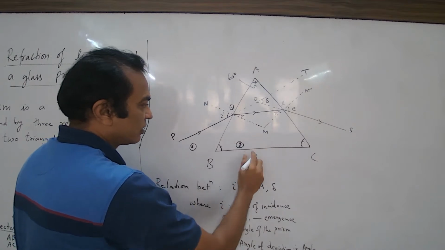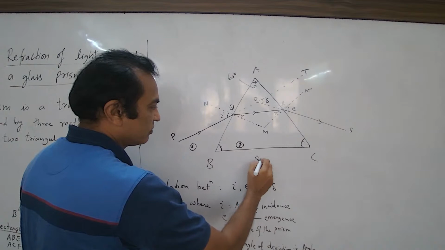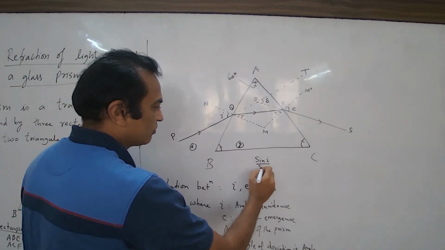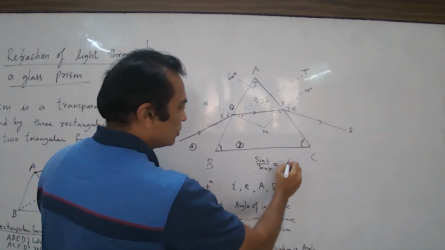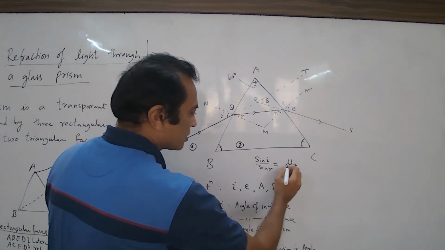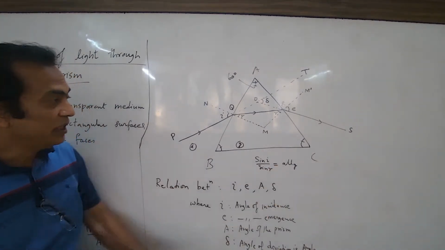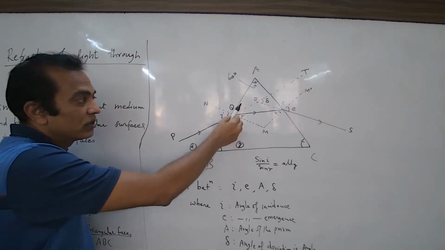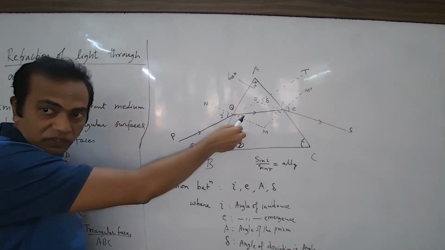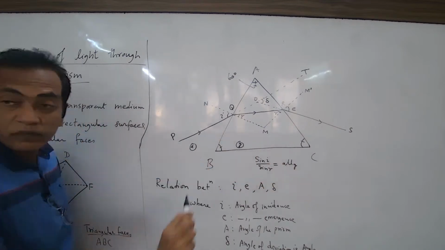So we will write Snell's law as sine i upon sine r at this point, at Q, is equal to the refractive index of glass with respect to air. And this is always constant for any angle. Suppose I take a different angle now. Then whatever refraction angle I get, if I take their ratio, that also will be the same.